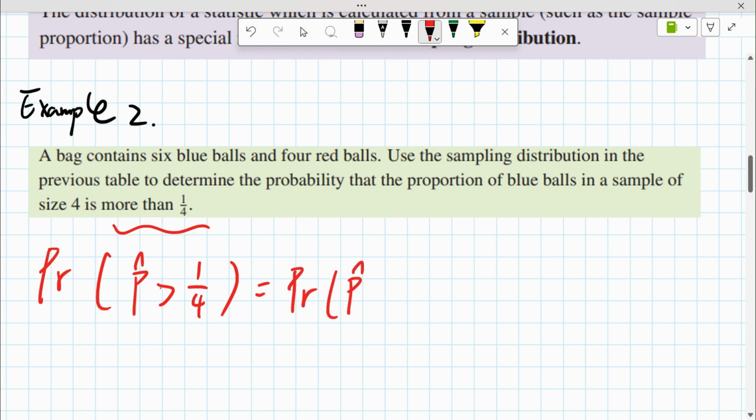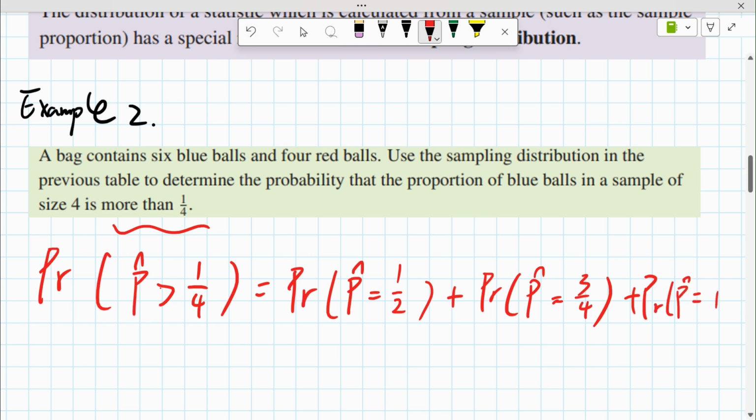What does that equal? We can add the probability of the sample proportion equal to half, plus the probability of the proportion equal to 3 over 4, and the probability of the proportion equal to 1. So that's it.